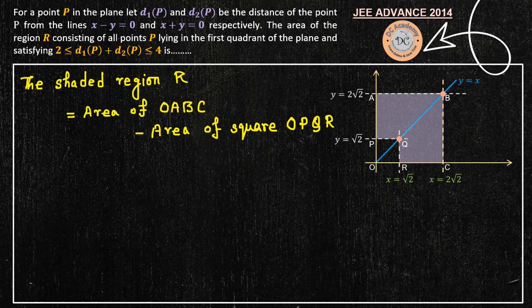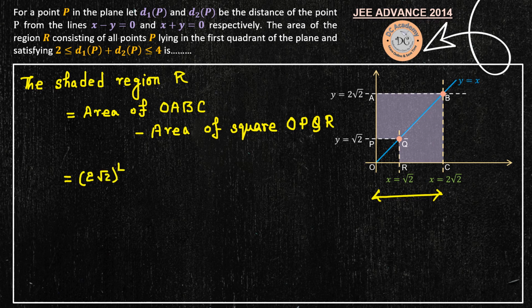Now, if I calculate properly, what is the area of OABC? It is a square of side length 2 root 2. So the area is 2 root 2 whole square.